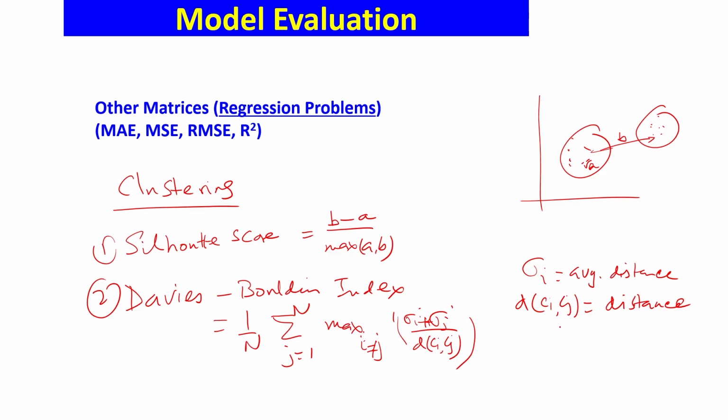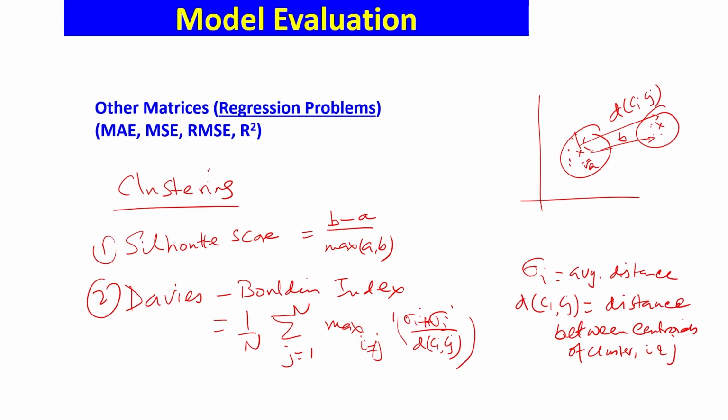K-means clustering, the distance between centroids of clusters i and j. There are two clusters: sigma i is for one cluster, sigma j is for the next, and d is the distance between the centers of the clusters. So, let us say this is my centroid, and these two give d of ci cj, cluster i, cluster j. These two parameters are used for judging the clustering.